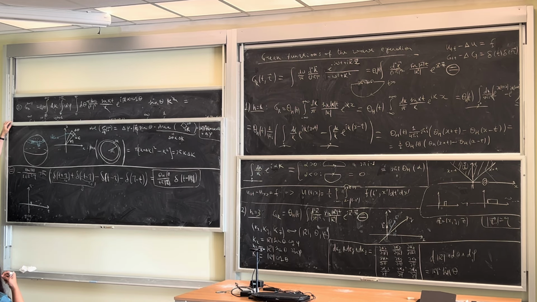Or if we draw an evolution of this solution, then a picture will look like this. We have our three-dimensional space. We have a point source at 0, and it emits a spherical wave, which propagates with the speed of light or of sound.